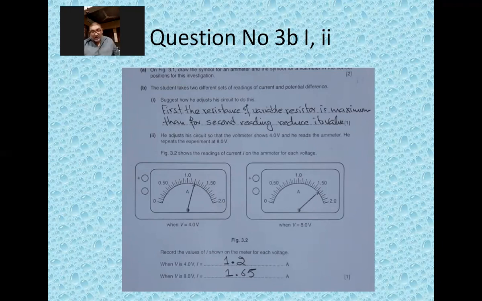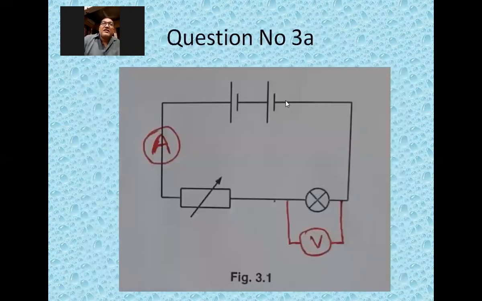So first of all, the resistors. Here we have a variable resistor. So for the first reading, you will make the resistance of the variable resistor maximum, and you switch on the current, and then you note down the reading on the ammeter and the reading on the voltmeter.